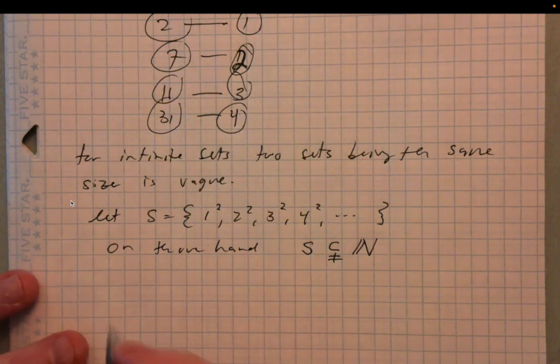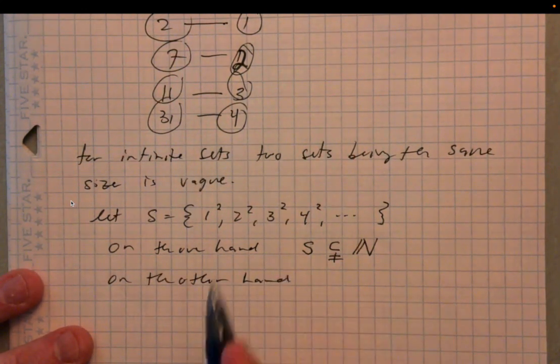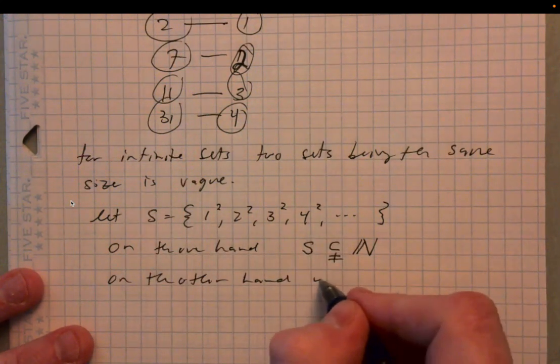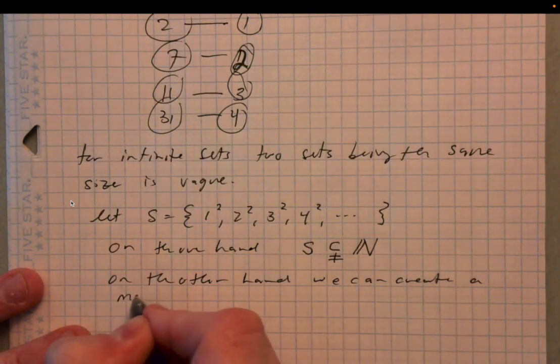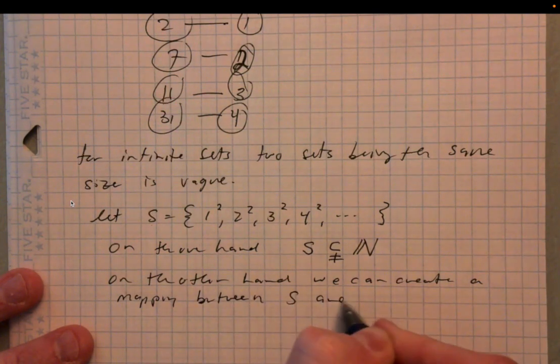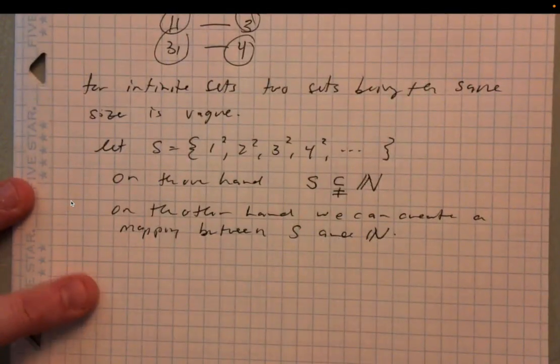But on the other hand, we could create a mapping between S and the natural numbers, kind of like what we did up here with these two finite sets. We could create a mapping very easily.